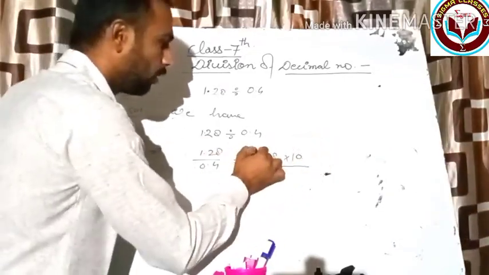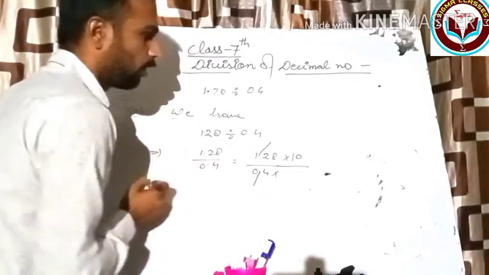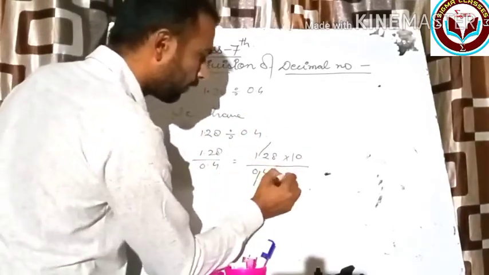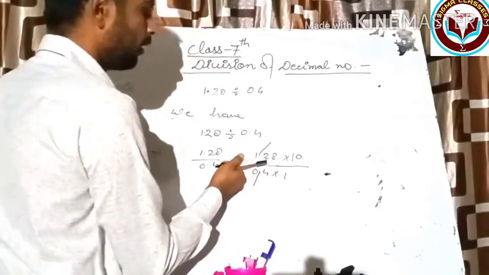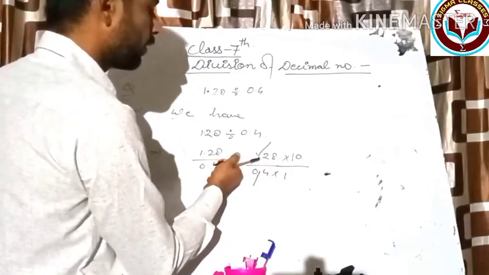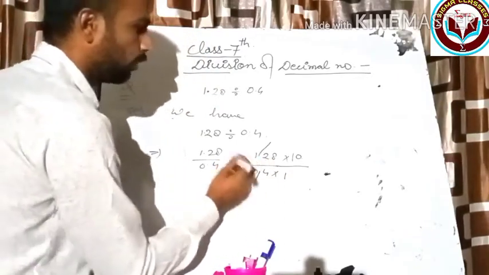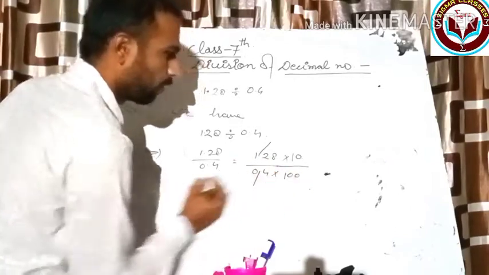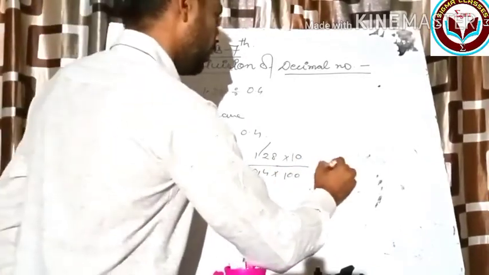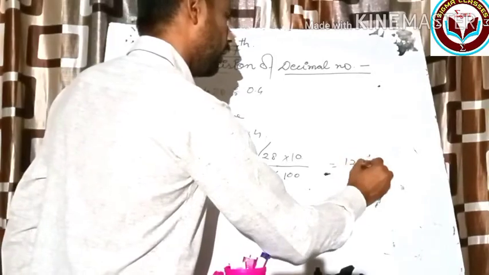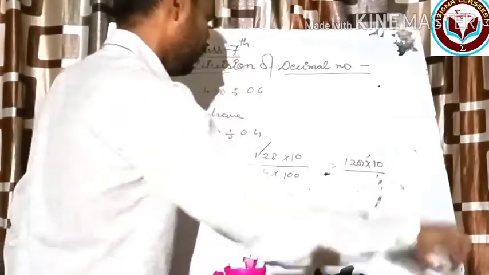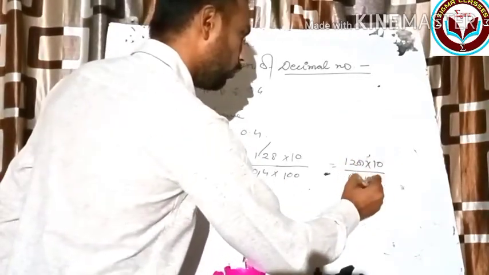And whenever you will remove this decimal from the numerator, then you will write the 1 and how many, what is the position of this decimal? Okay, after 2 digits. So we will write the 2 zeros here. Okay, so we got what? 128 multiplied by 10 and 4 into 100.